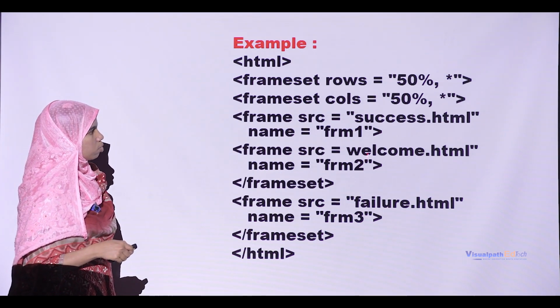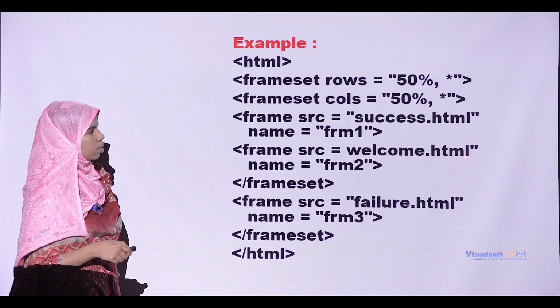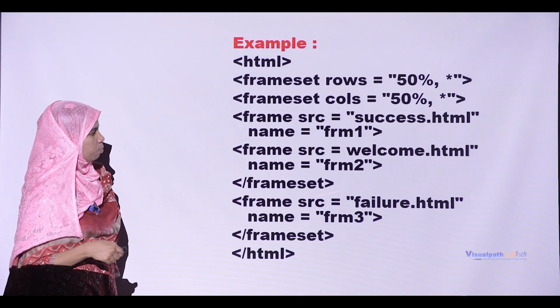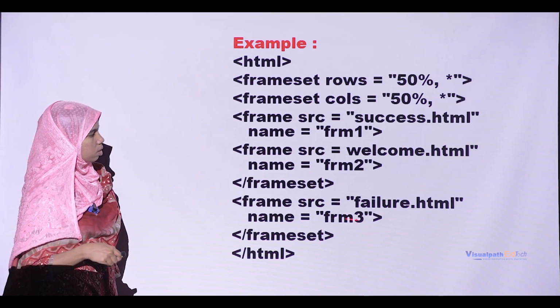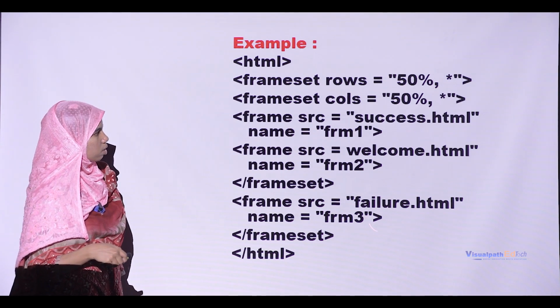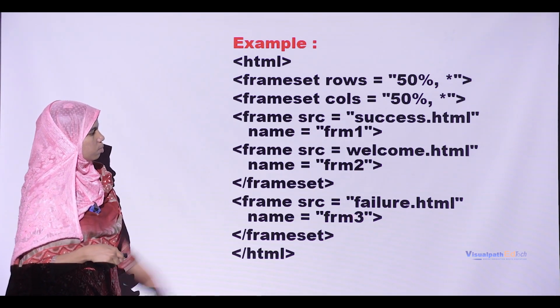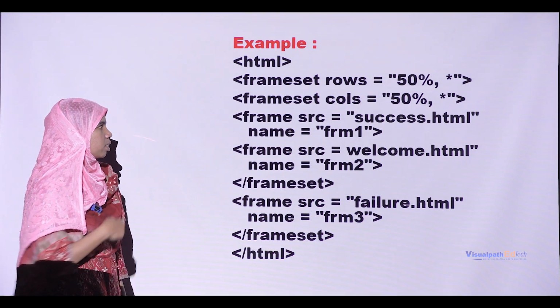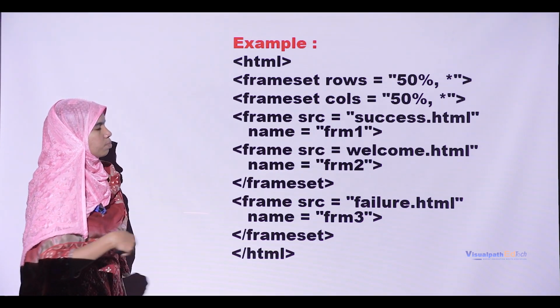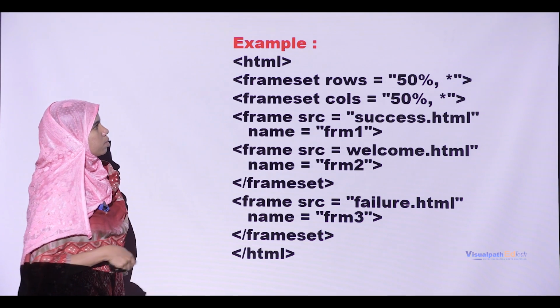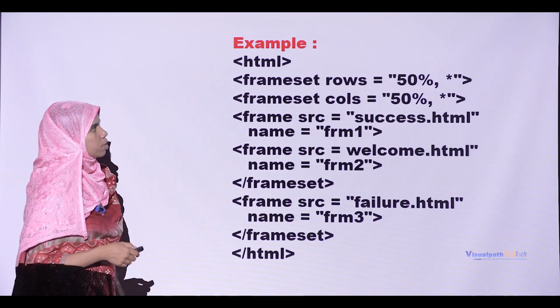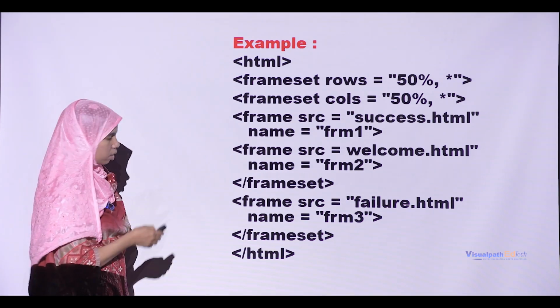The source of frame 2 is welcome.html. Okay, so we are making it frame 2. And the source of the third is failure.html. Okay, so all these frames, one after the other, we want to display in three partitions. So 50% rows and 50% columns are subdivided separately for both of them.